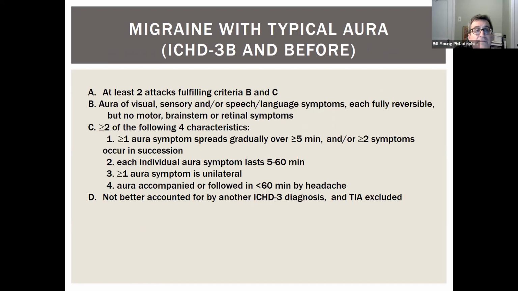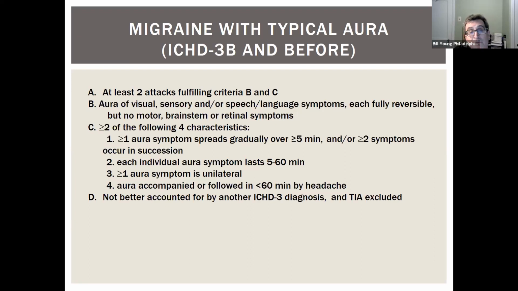And here's the definition that people gave to diagnose aura. So visual, sensory, speech, or language symptoms that are reversible, without motor symptoms, brainstem symptoms, or symptoms that come from the retina of the eye. In fact, symptoms in just one eye are not a typical aura.